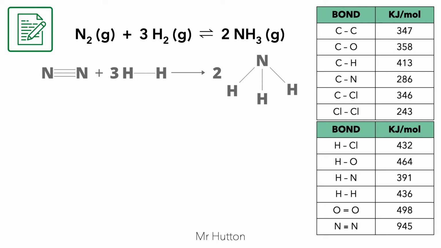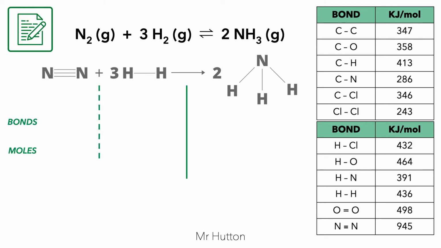On our table, the nitrogen triple bond is 945. That's 945 for the triple bond. You don't have to times it by 3. That is the value for the triple bond. We've then got the hydrogen with just a single bond between it, and then we've got the ammonia molecule where there are 3 hydrogen and nitrogen bonds.